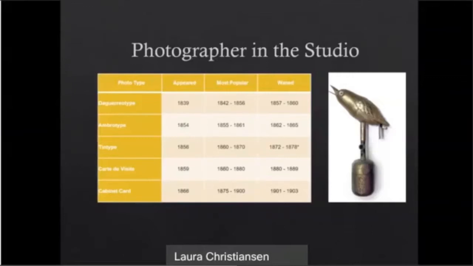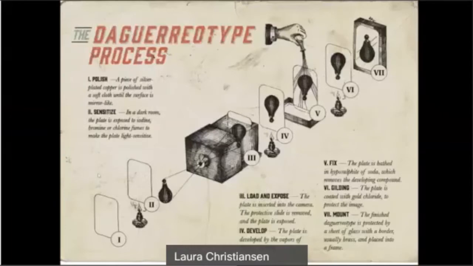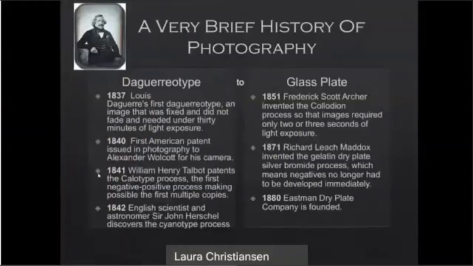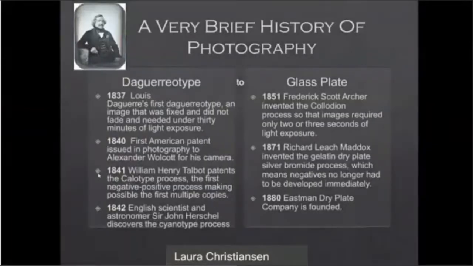cards. So if I'm gonna scoot back a couple slides real quick to our handy description of a very brief history of photography. We mentioned Frederick Scott Archer and his collodion process, which involved glass plates. And then also he was followed in 1871 by Richard Leach Maddox, who invented gelatin dry plates or a silver bromide process.